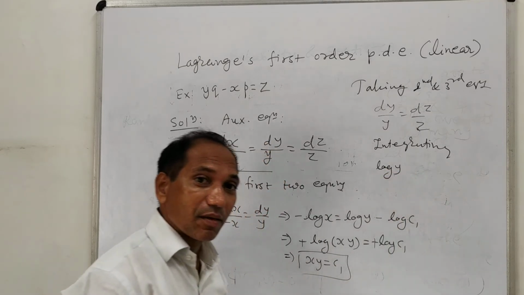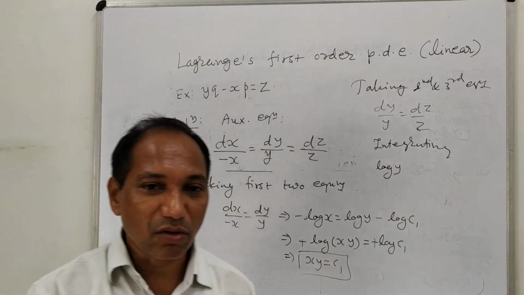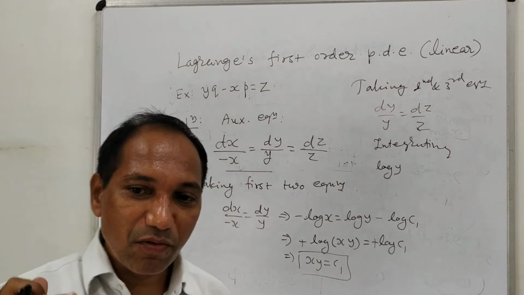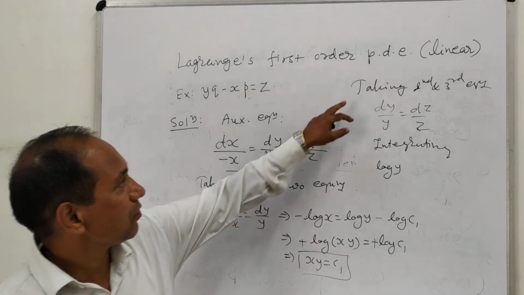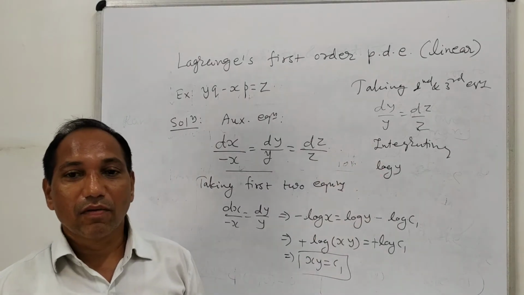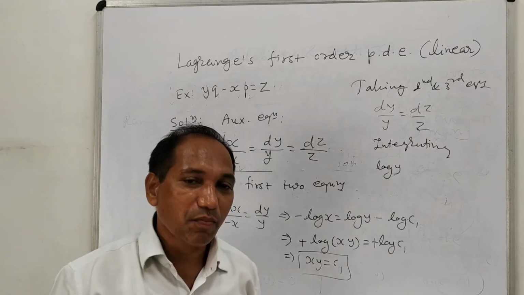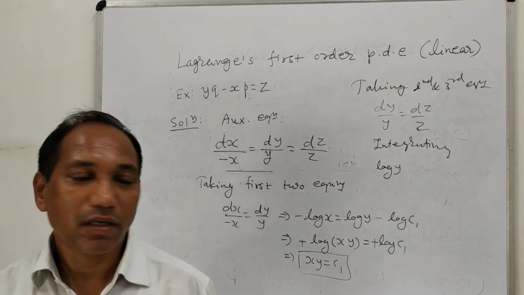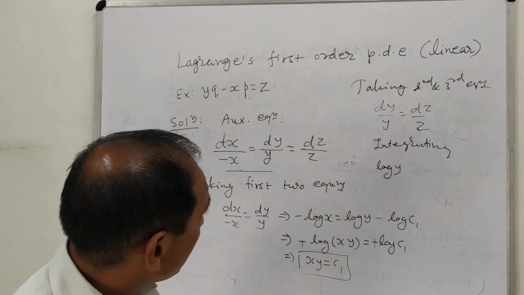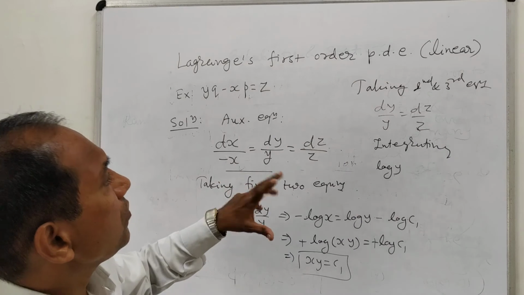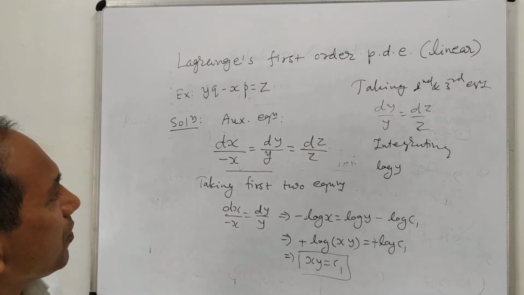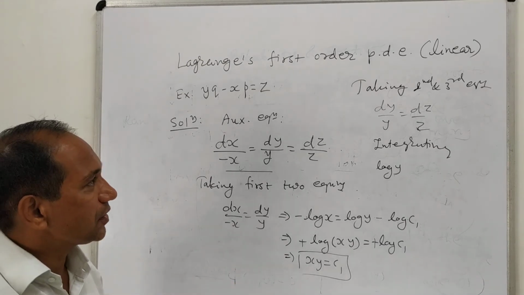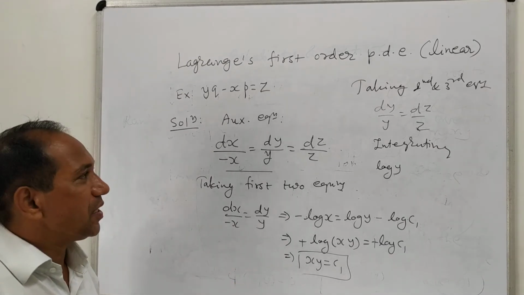Sometimes I will not write here because I am speaking in front of you. That is what to do and what not to do. But whenever you attempt the questions in examination, then you will have to mention every line and everything, whatever you are going to perform, because the examiner will check what you have used, your performance. They will check your performance, and they will not call you personally. And that means you will have to show this by means of writing.